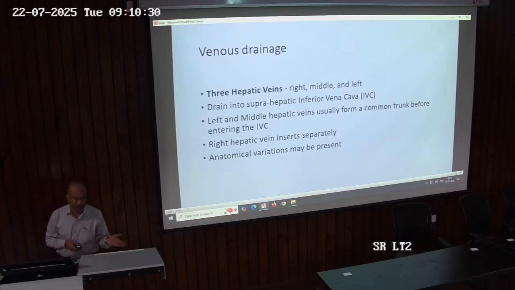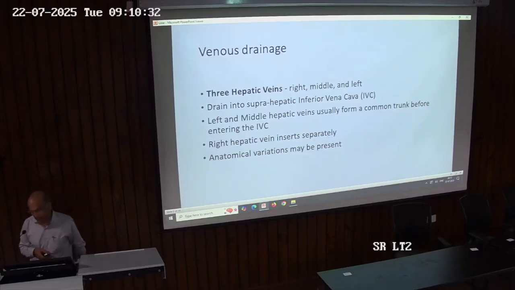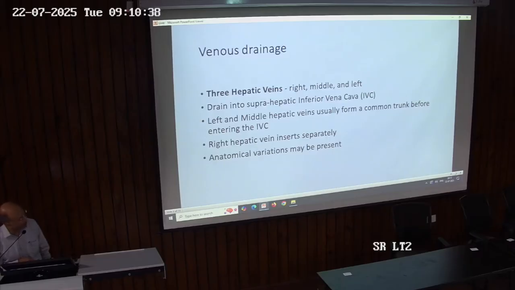Now the venous drainage. So there are three veins, the left, the middle and the right hepatic vein. These drain into the inferior vena cava, in the suprahepatic portion of the inferior vena cava. The left and middle hepatic veins usually join each other to form a common channel before they empty into the IVC.